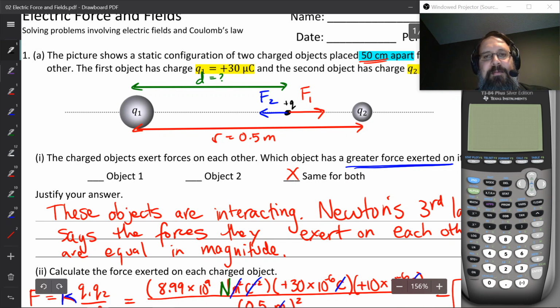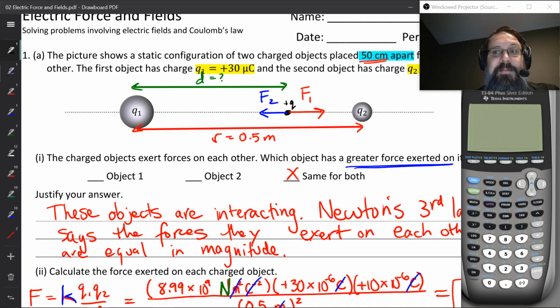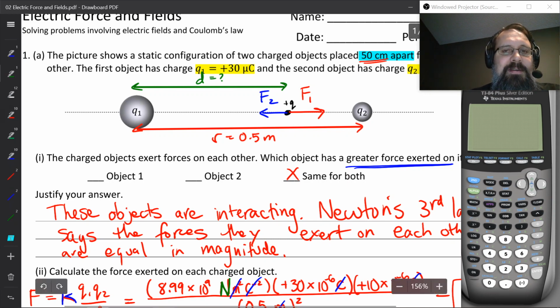We want to figure out where the net force is 0. If the net force is 0, then F1 and F2 are going to be equal to each other.